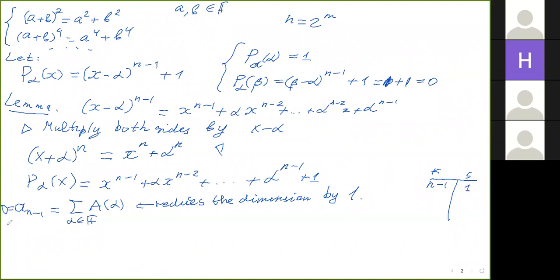So let's proceed to the next test. Assume that we also require that a n minus 2 is 0. How does this reduce the dimension? So a n minus 2, as we see from the form of Lagrange polynomial, is equal to the sum of all the values times alpha, alpha times A of alpha.